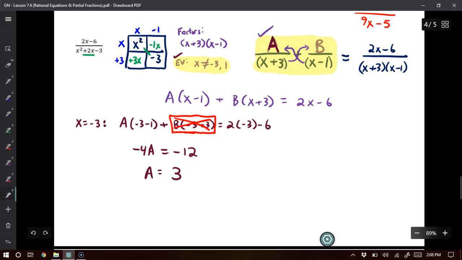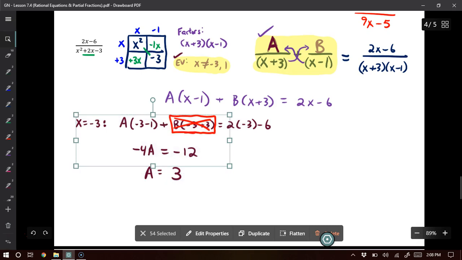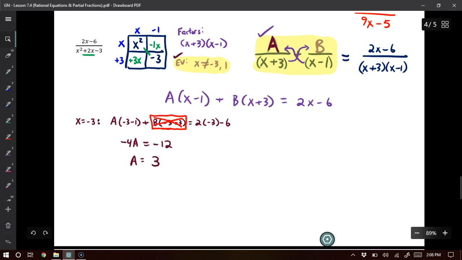So A is 3. I know the value of A. Awesome. Now I can plug in the other excluded value, and I should, if things work out right, get the value of B. So x = 1 was the other excluded value. So A times (1 - 1) plus B times (1 + 3) equals 2 times 1 minus 6.